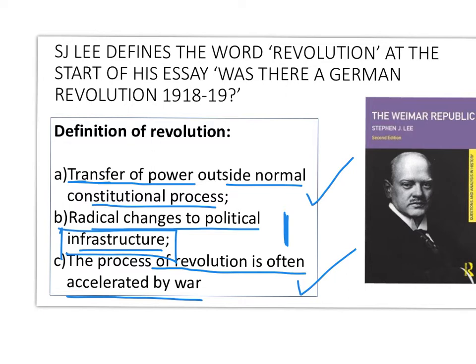So the influence of the mob on the streets and the fear of a violent change is what brought about the beginning of the Republic. That one is more problematic: did it really bring about a radical change to the political infrastructure? So you see straight away, if you've got a clear definition of revolution, you've got a basis for your essay, plenty to talk about.